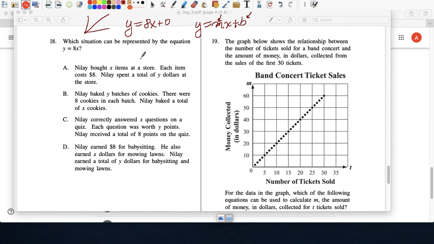Perfect. Nina baked y batches of cookies. There were 8 cookies in each batch. Nina baked a total of x cookies. No. Nina correctly answered x questions on the quiz. Each question was worth y points.